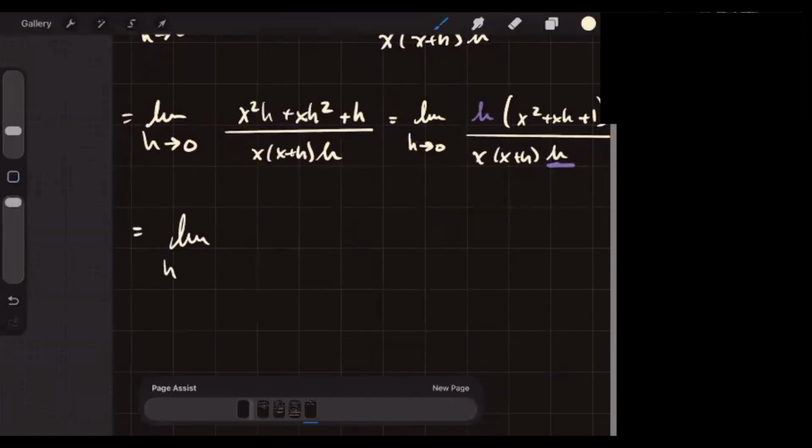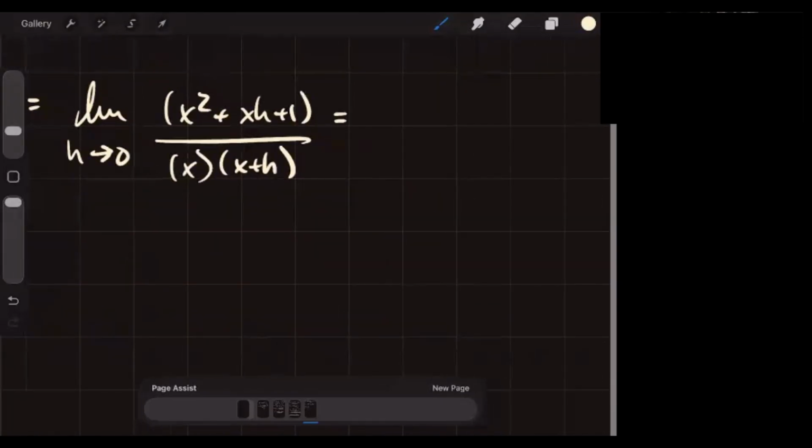That's going to equal the limit as h approaches 0 of x squared plus xh plus 1 all over x plus h. Now you can apply the derivative, okay? Now is the point at which you can plug 0 in for h because bad things stop happening, okay? You should, keyword should, end up with x squared plus 1 over x squared.